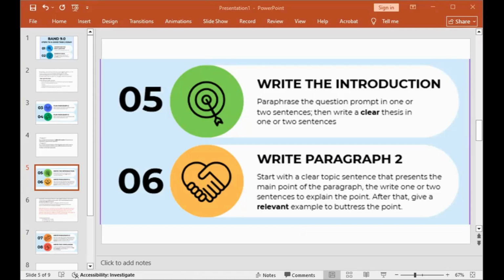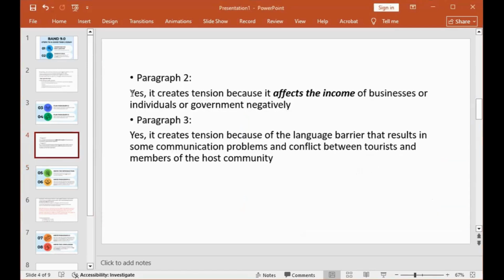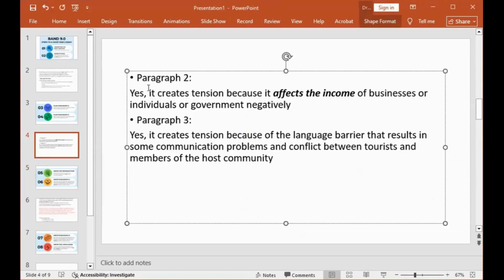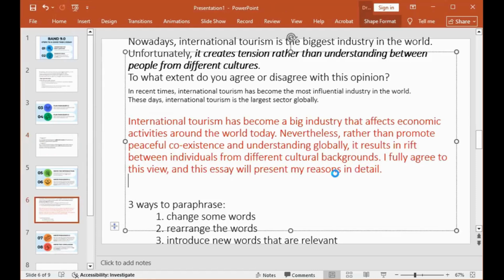All right. So next duty is to write paragraph 2. Let's go back to our plan for paragraph 2. We want to build up this paragraph now, so I'll copy it and paste it on another slide.